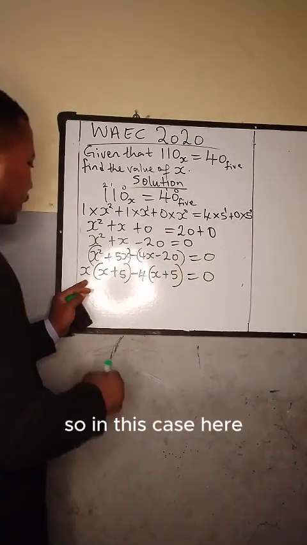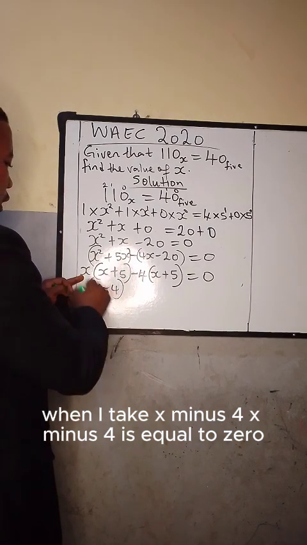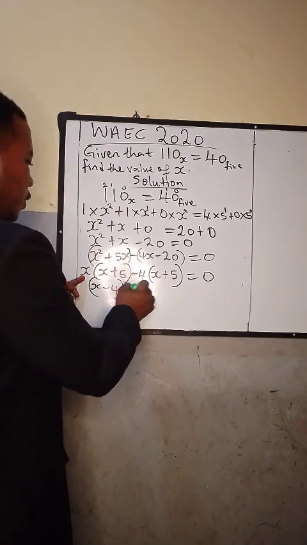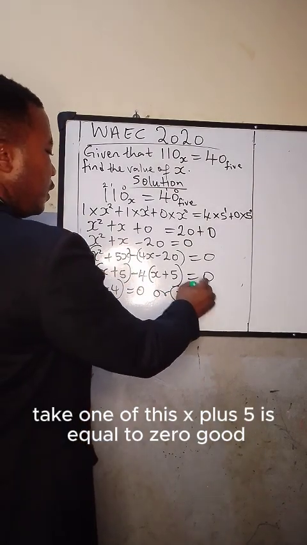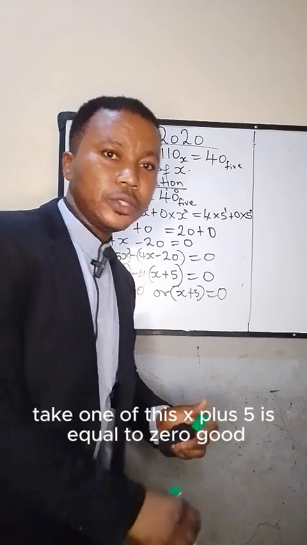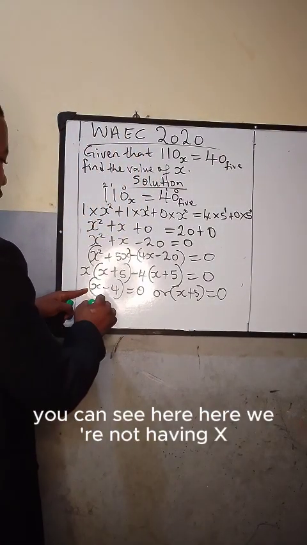So in this case here, we now take x minus 4 is equal to 0, or we take the other one, x plus 5 is equal to 0. Good. So you can see here, we are now having x.